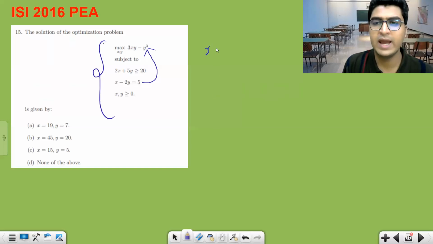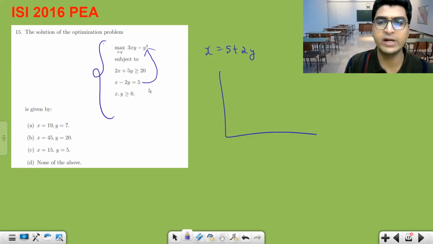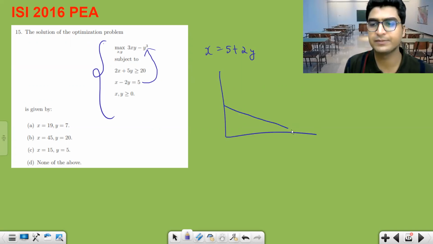So x will be equal to 5 plus 2y. Not only this, the inequality constraint will look something like this, and it lies here. For 2x plus 5y, the intercept on x comes to 10, on y it comes to 4, and it is more than or equal to 20.